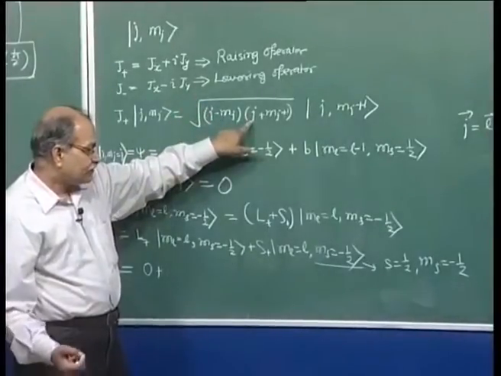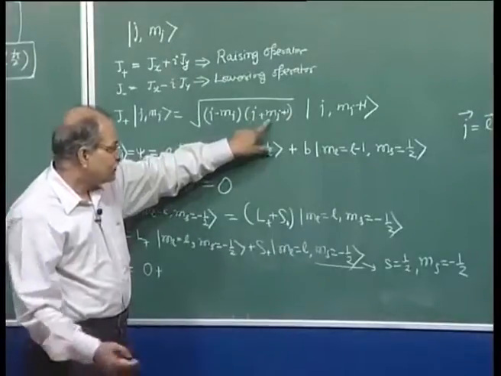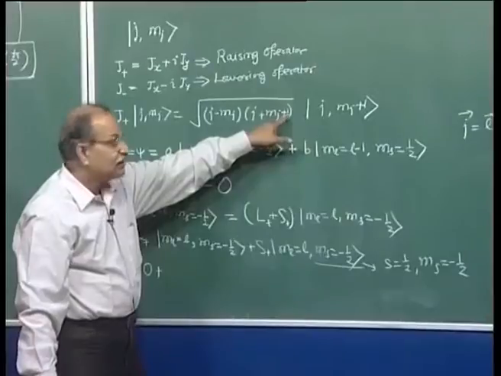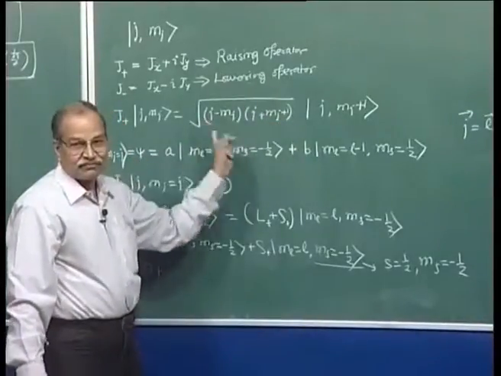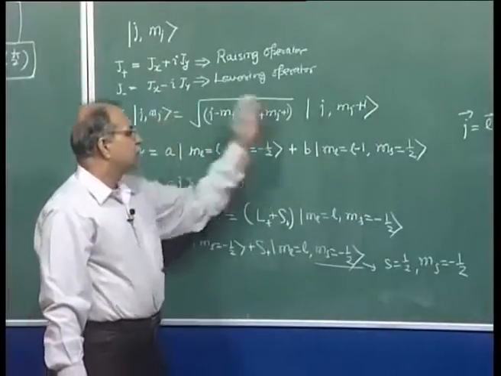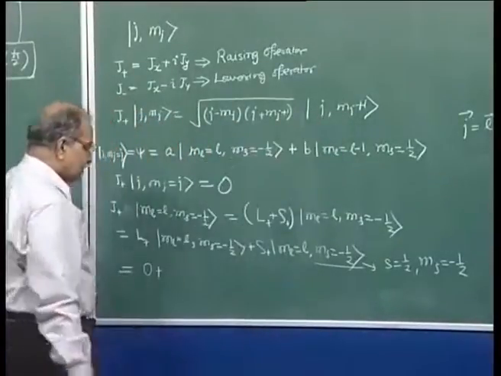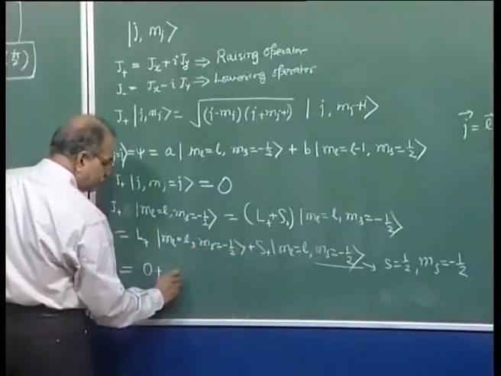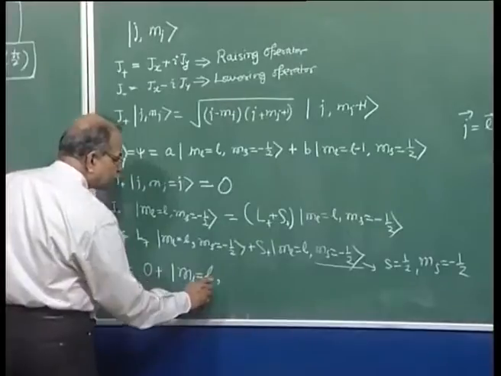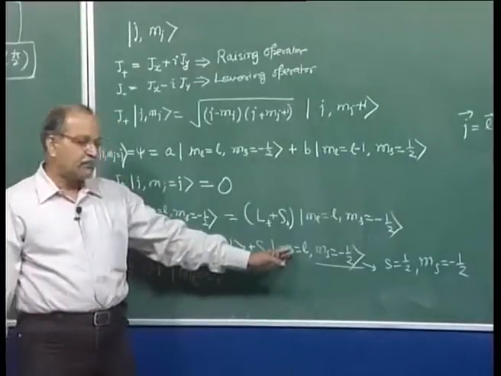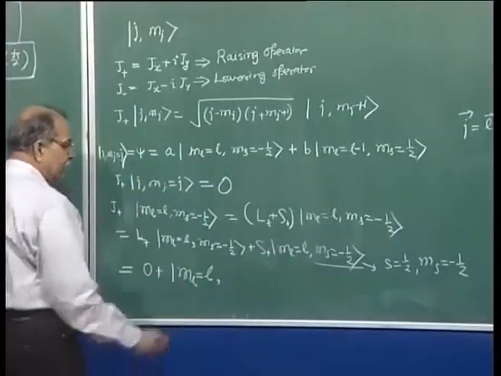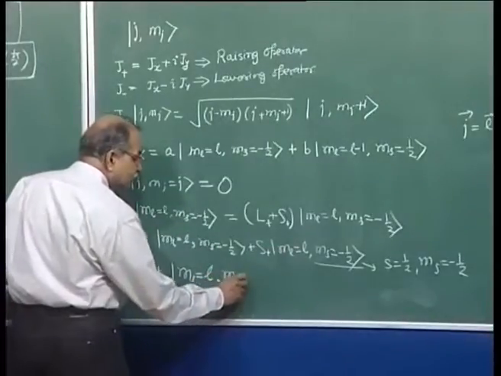J is half, mj is minus half, so these two cancel and this whole thing is just 1, and it is just this mj going to mj plus 1. So this part is now ML equal to L, the space part not affected by the spin operator. So ML is equal to L and MS is equal to plus half.